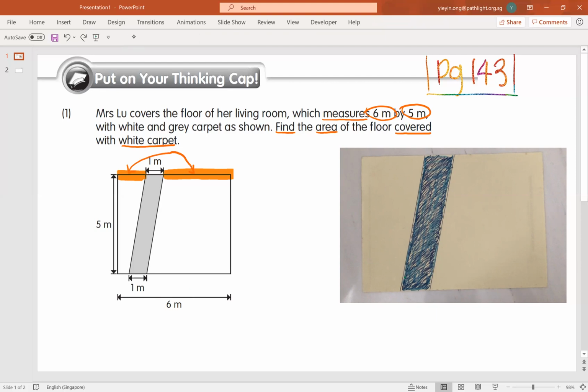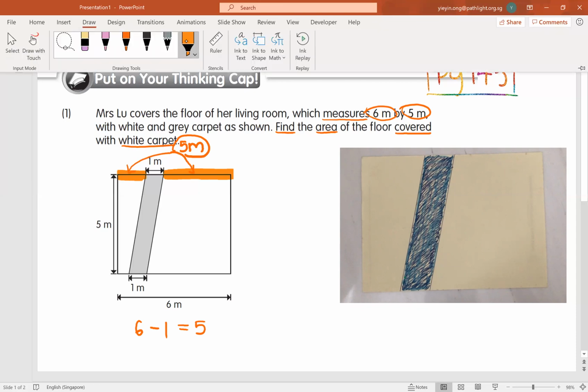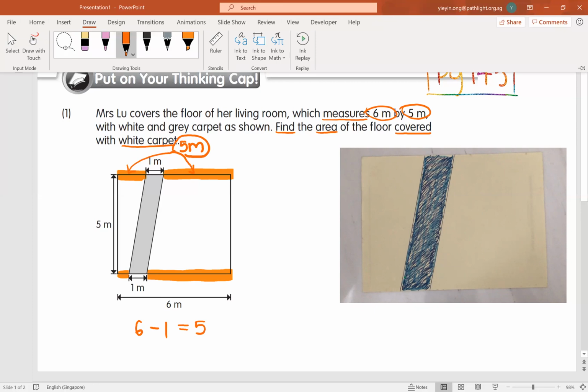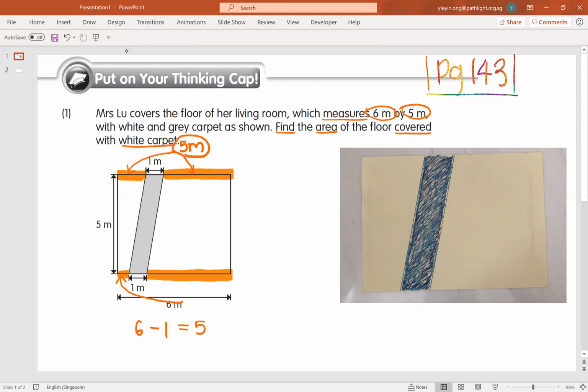So 6 minus 1 will be 5. So I can label 5 meters. 5 meters is the two remaining sides. Then same for the bottom part. This remaining side and the right remaining side give you a total of 5 meters as well.